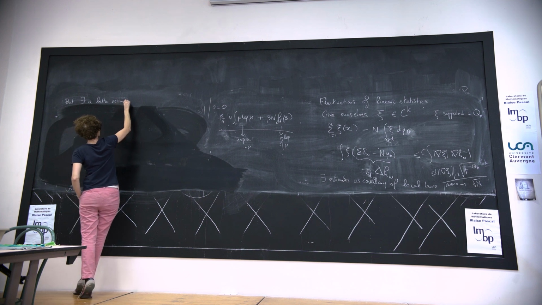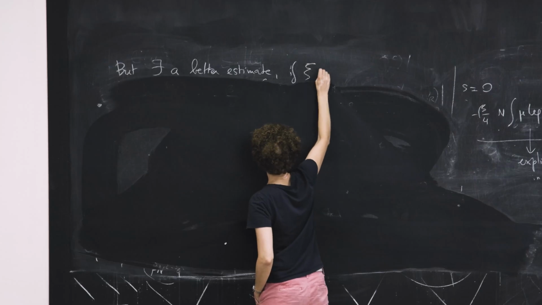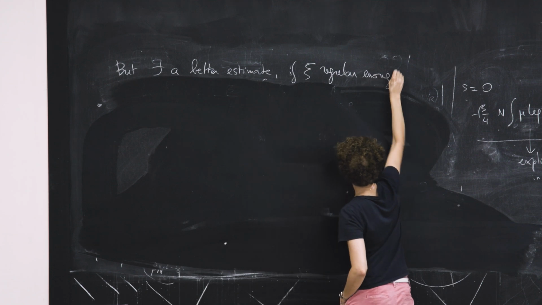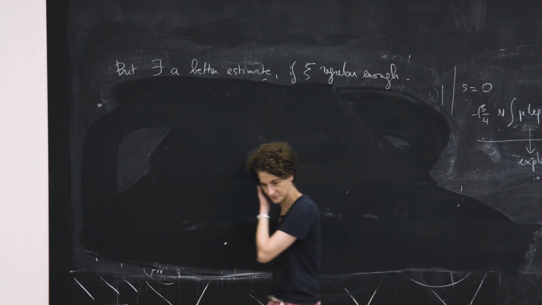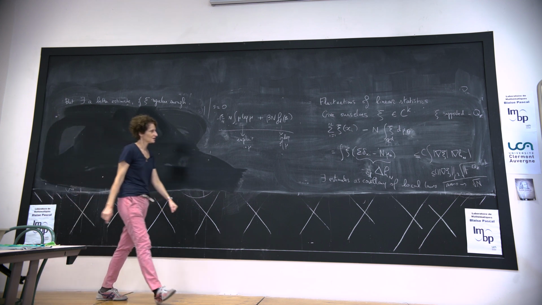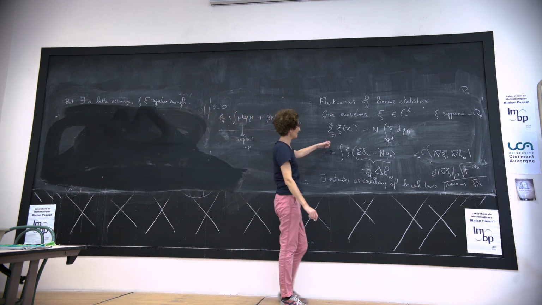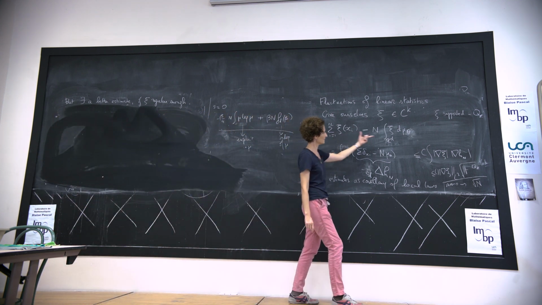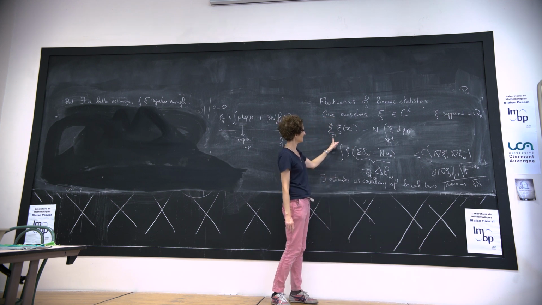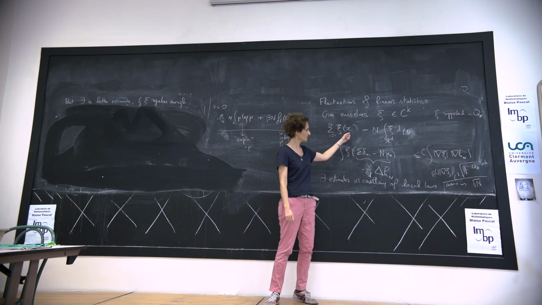So there exists a better estimate if Xi is regular enough. Okay, so that's what we're going to look for now. And the way to study this quantity, so this is a random variable, right? We give ourselves a Xi, and this is a random variable in the points.